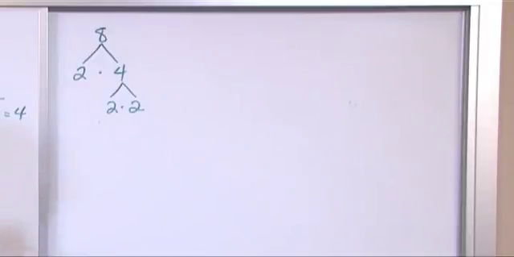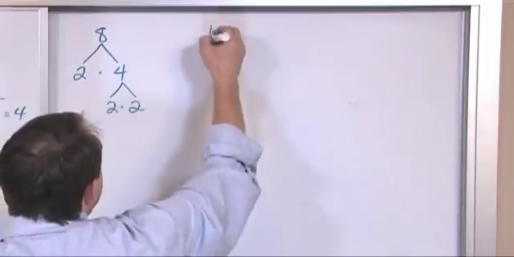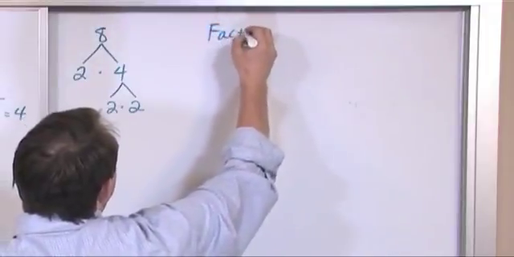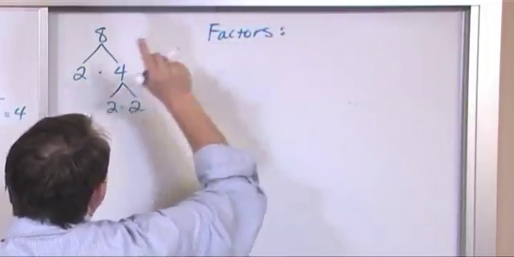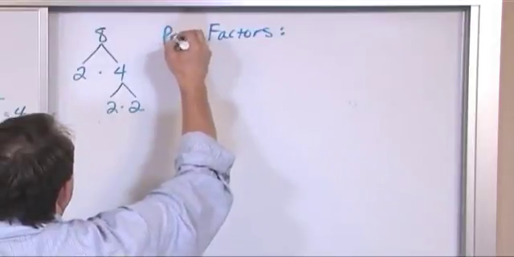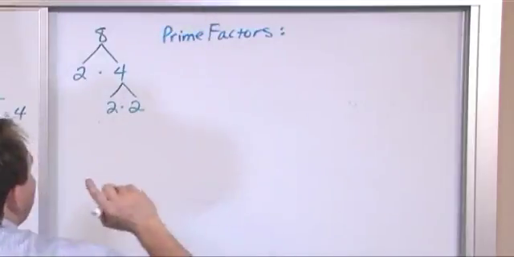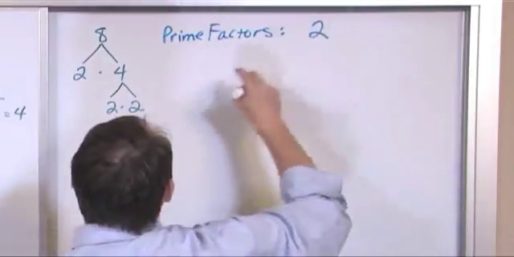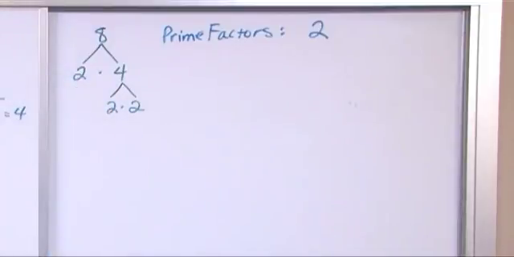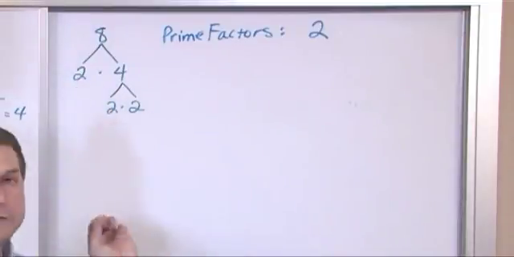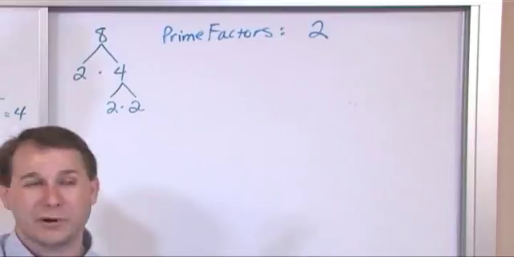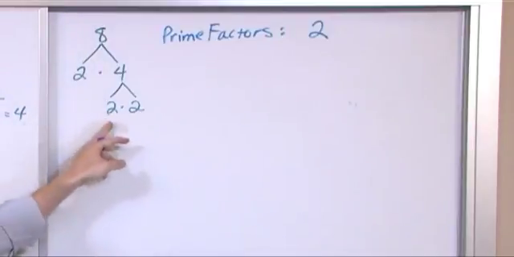So if we want to list the factors of the number 8, the prime factors, it's just going to be the number 2 because that's the only thing that's at the bottom of this tree, and every number at the bottom of a factor tree by definition is going to be a prime number. Now you have a lot of duplication here.